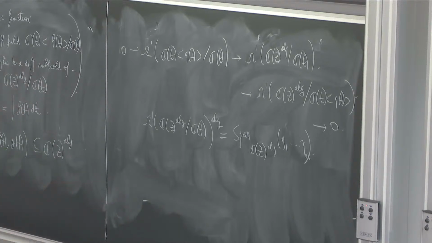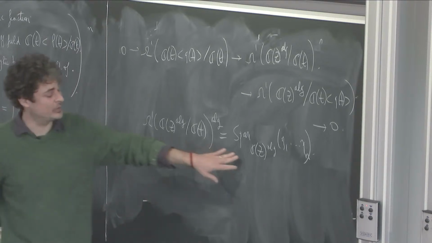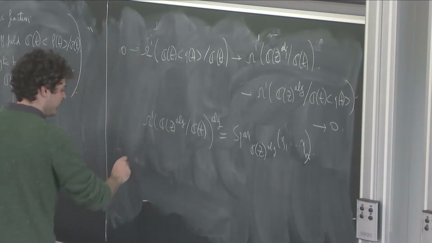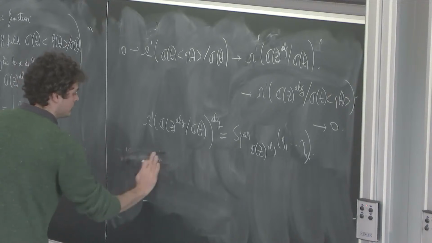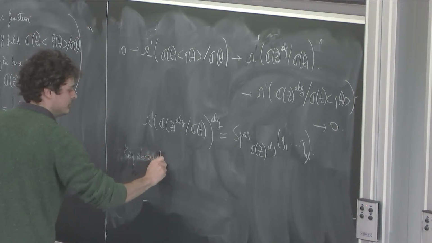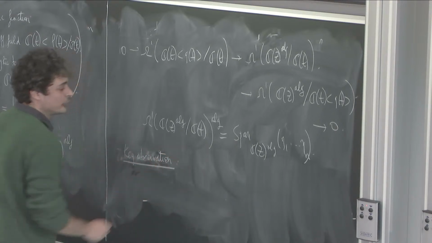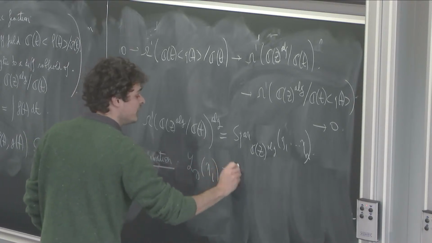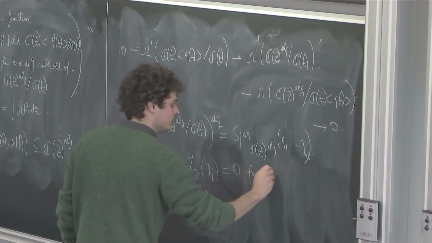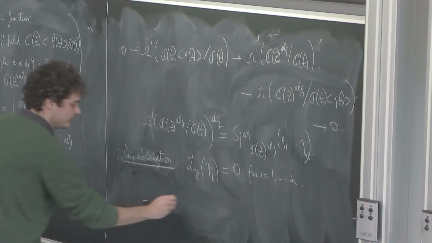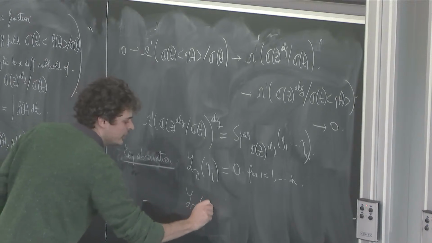By construction, this will be exactly the span of these one forms eta 1 to eta n, and they all satisfy, so let me just write the key observation and I'll stop here. The key observation is that all these one forms vanish along the Lie derivative of the vector field, and so does the derivative of dg.